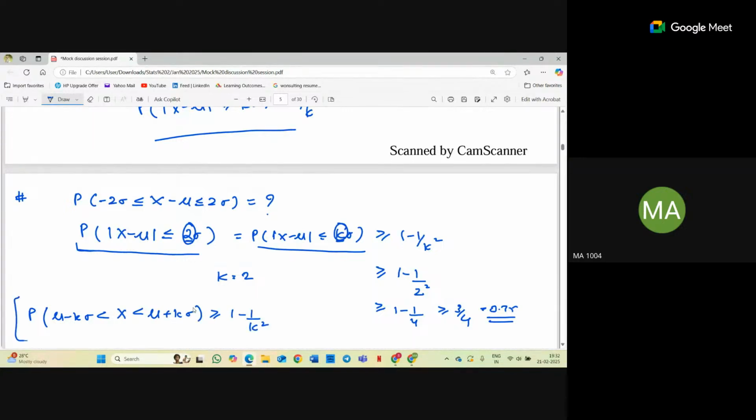Do you remember this form? Yes, ma'am. I have done it this way only, but I took it as 1 by k square. That's where I made the mistake. Then is that equivalent to the one you have written? Yes.